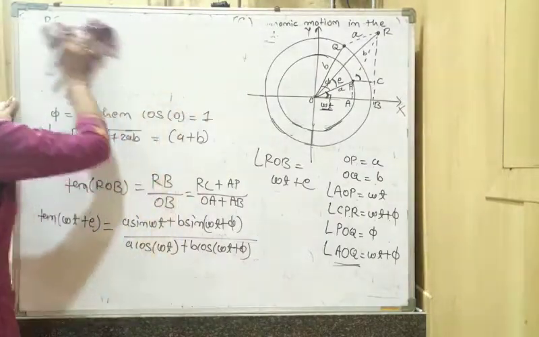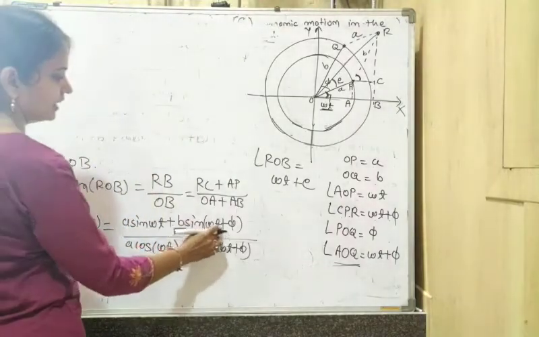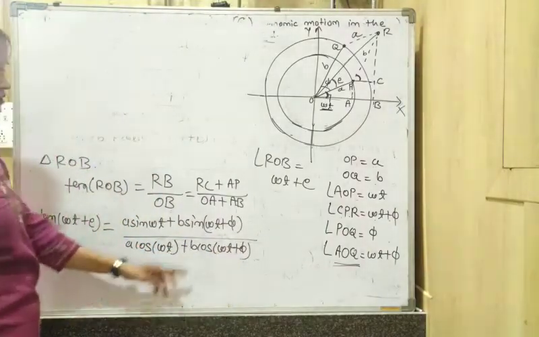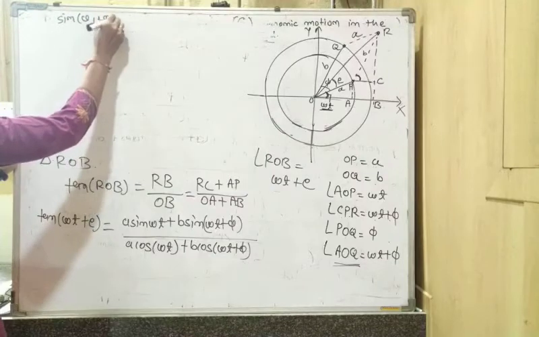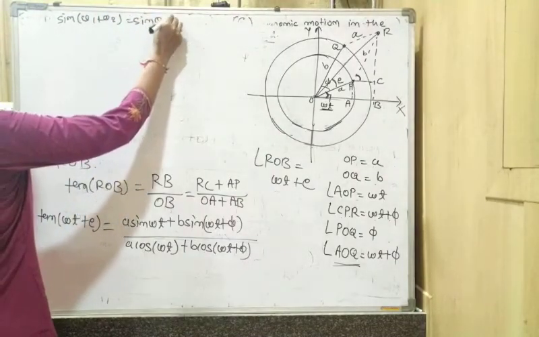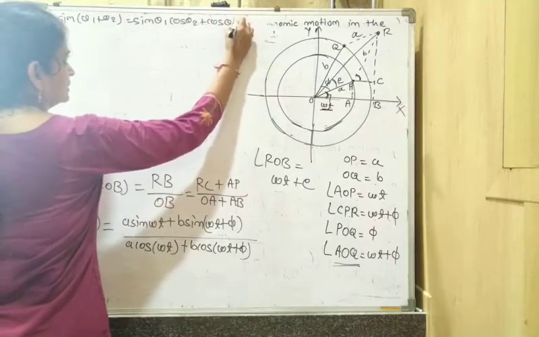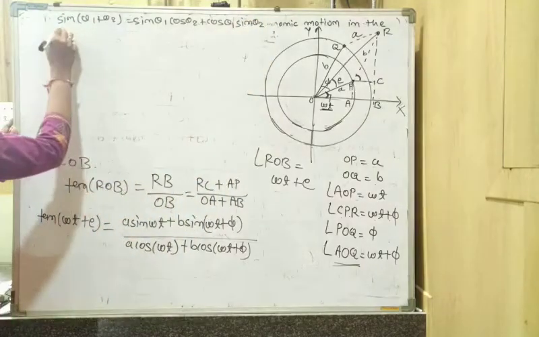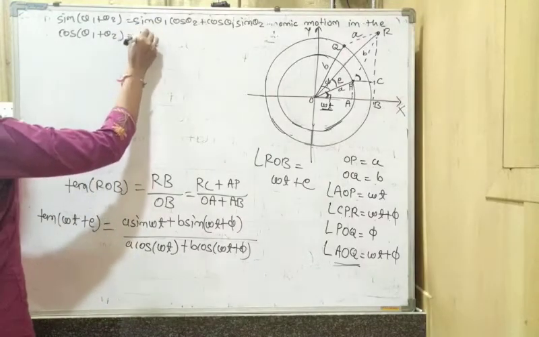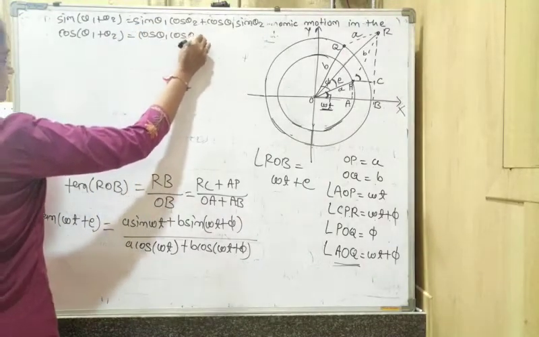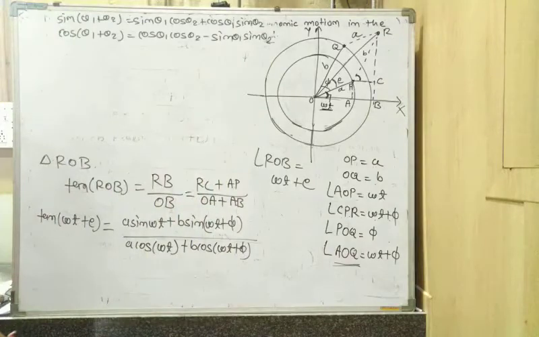So we write down the simplification of the equations for sin omega t plus phi and cos omega t plus phi. You already know the equation: sin theta 1 plus theta 2 is sin theta 1 cos theta 2 plus cos theta 1 sin theta 2, and similarly cos of theta 1 plus theta 2 is cos theta 1 cos theta 2 minus sin theta 1 sin theta 2.